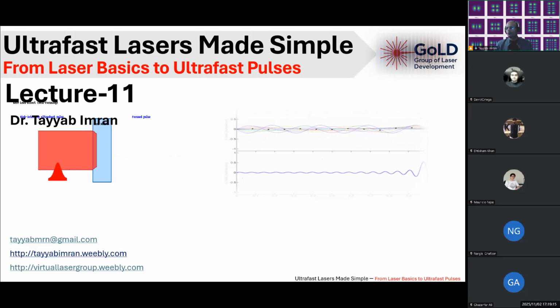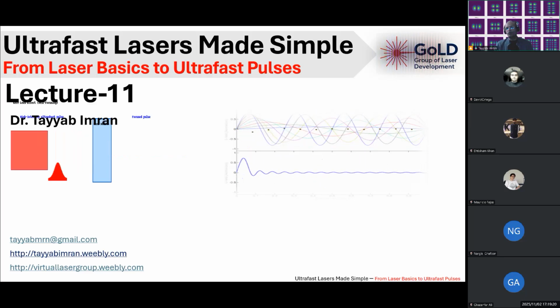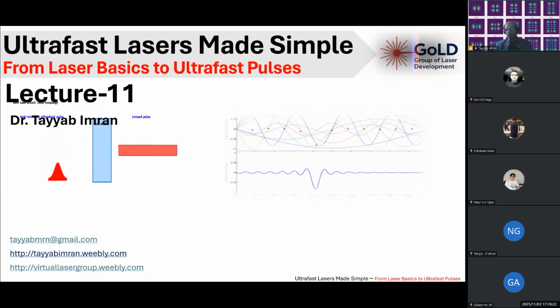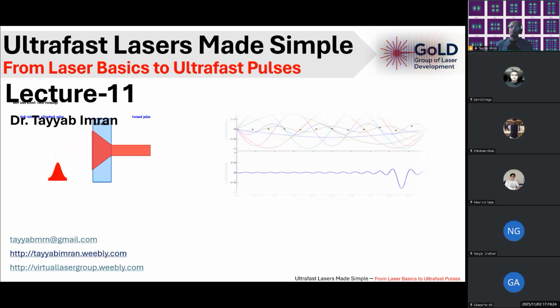Okay, so now the other kind of mode locking, which we call passive mode locking. In this kind of mode locking, we use something in the cavity, but it's not like an optical switch or something like this.